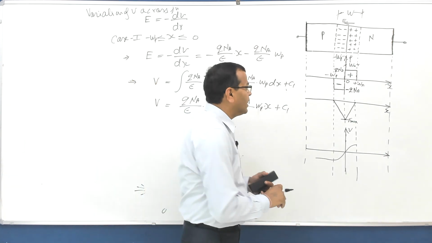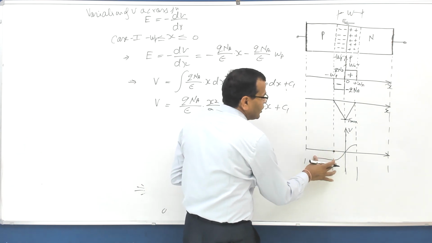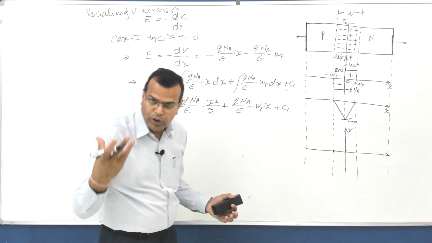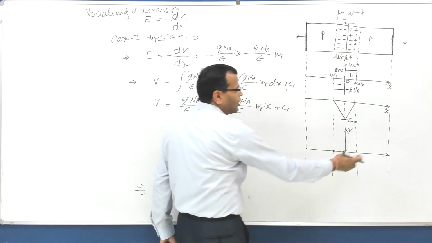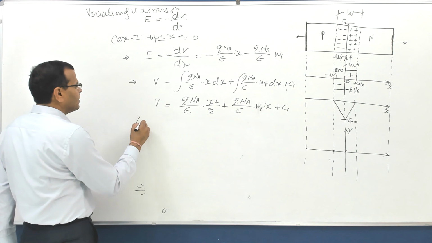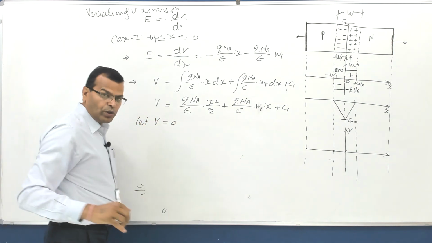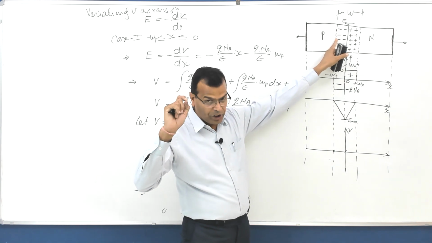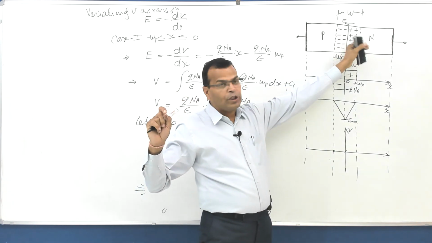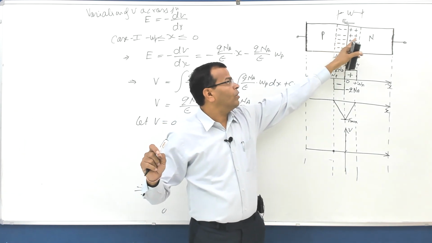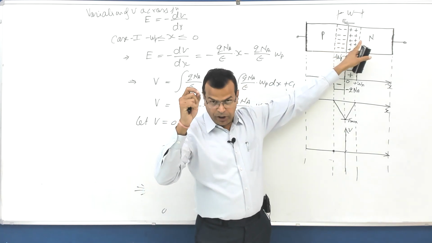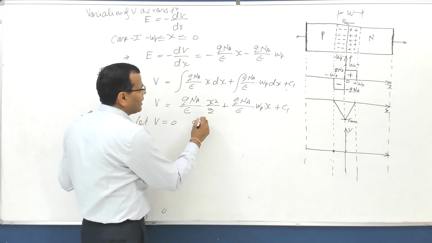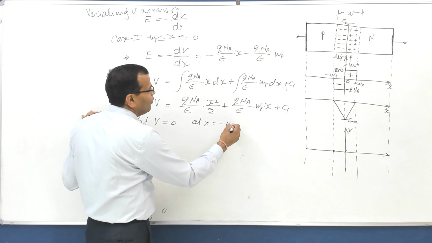So I'll assume that this point is at 0 potential, and now we will see the variation. So my assumption is let V is equal to 0. That means I am taking this point as the reference for potential, and I'll see the variation up to this point. If it is 0, then it will be this point V0, that is potential barrier. So here let V is equal to 0 at x equal to minus Wp.